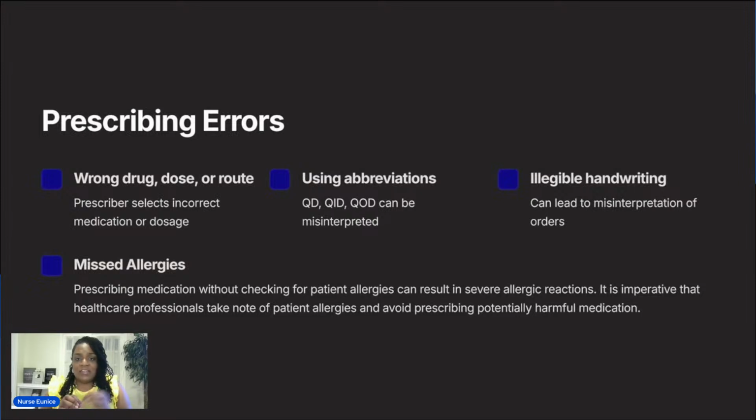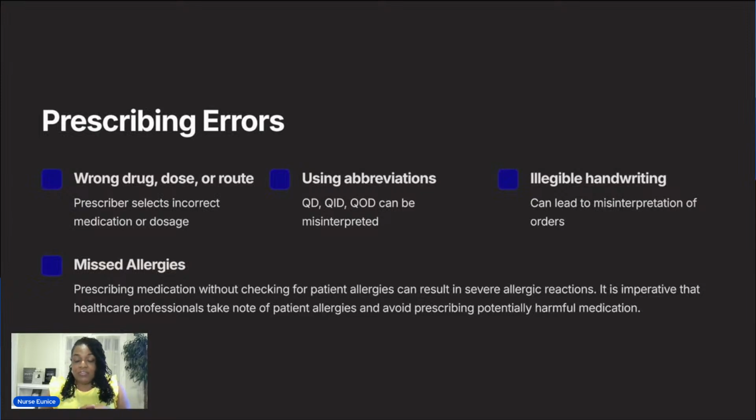So what we need you to do instead is to write it out without abbreviations so that there will be no misinterpretation. Illegible handwriting. That's why a lot of charting right now is electronic, because it's kind of hard to read the doctor's handwriting. 0.25 could be 25 milligrams if we don't see the point. So it's very important that if you don't understand something, you say something. You notify the nurse or you notify that prescribing physician.